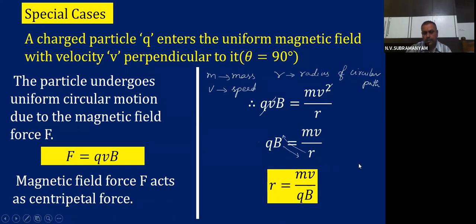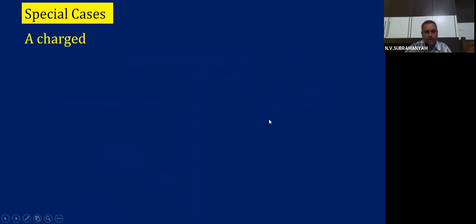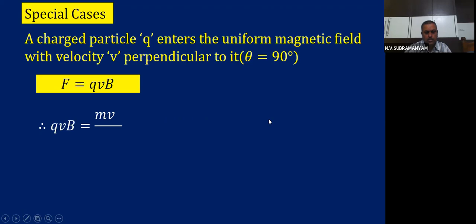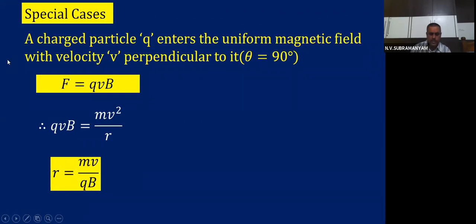This is a very important formula, children. This is the radius of the circular path followed by the charged particle. So I am putting it up again so that you can note it down clearly in your notes. R is mv by QB. This is called the radius of circular path formula. What is this known as? Radius of circular path.